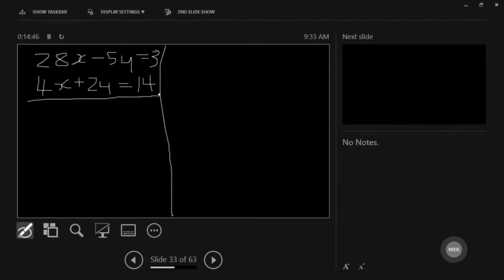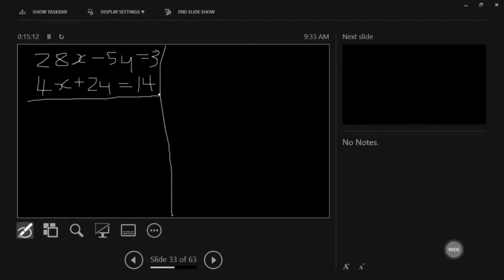And when you're solving simultaneous equations, remember, the reason they're called simultaneous equations is because you have two unknowns, two variables, and usually two equations that you're trying to solve. So you're solving two different equations with two different variables, and you want to find the value of each variable.